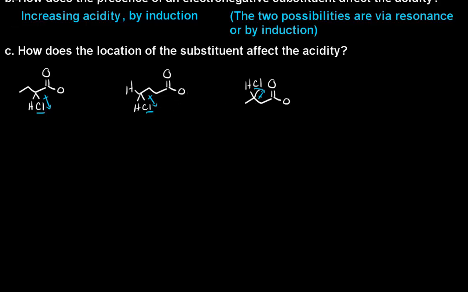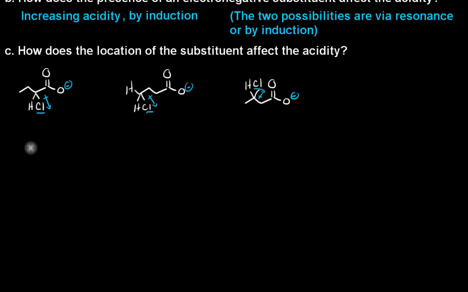Let's imagine a scenario where we've already deprotonated each one of these guys. This oxygen doesn't particularly like having a negative charge on it. If you have to choose between having a negative charge and a neutral charge, most of the time neutral is the way to go. So if there's a way to stabilize that negative charge, if you can withdraw a little bit of that negative charge, you're going to stabilize the molecule as a whole, which is what's happening here.